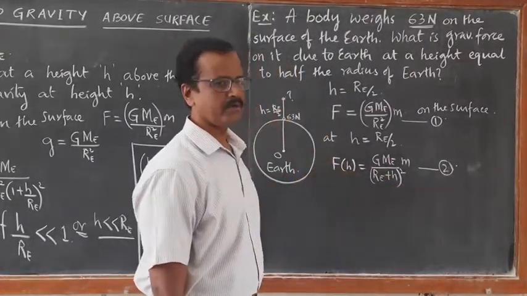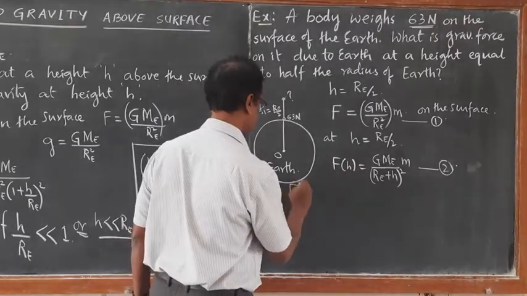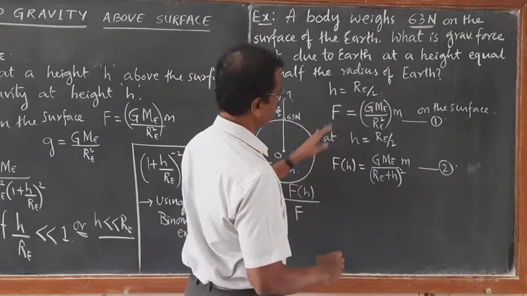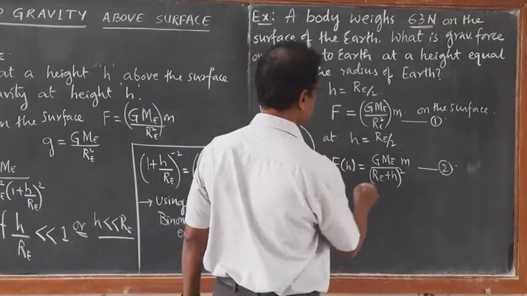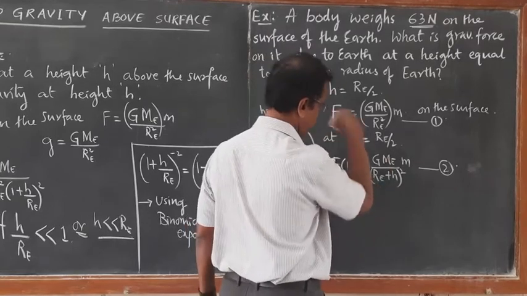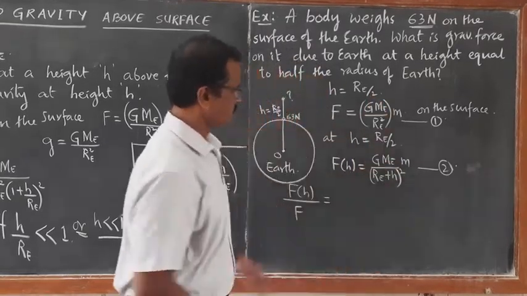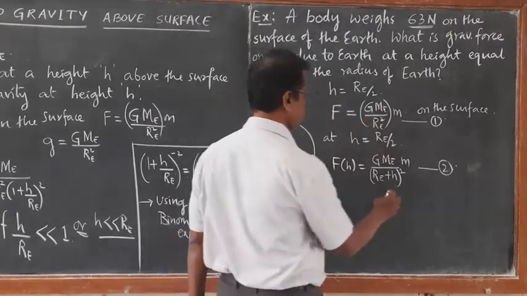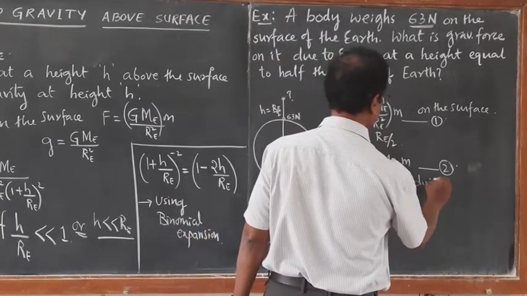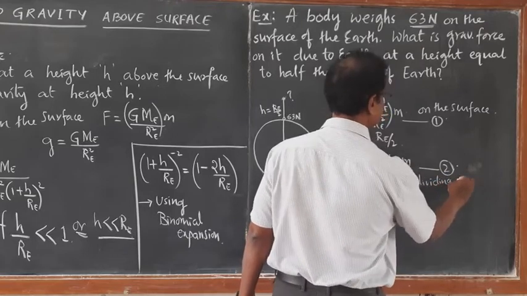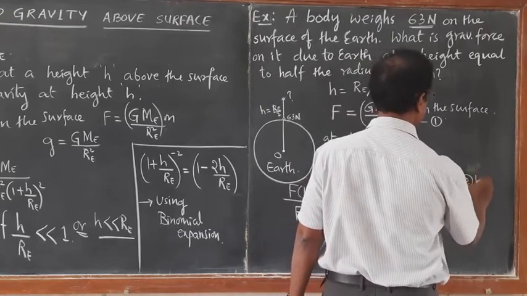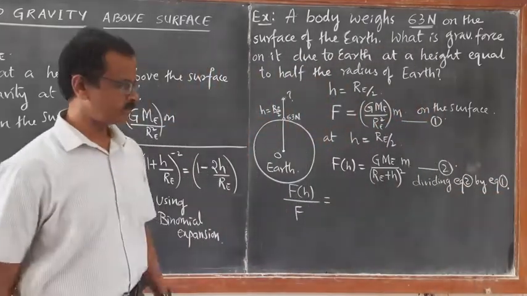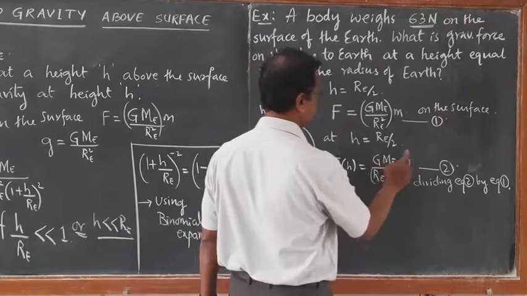So we get Fh upon F. Left side, Fh upon F is equal to G Me m upon Re plus h whole square divided by G Me m upon Re square. G Me m cancels with G Me m.